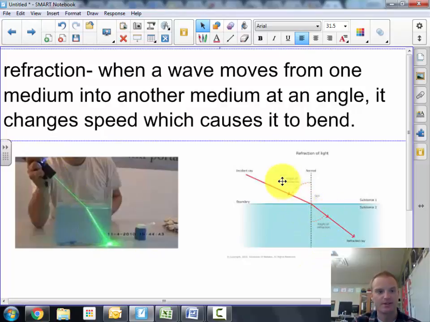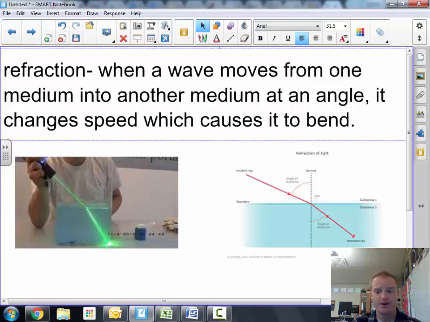That's refraction. Think about lenses, like glasses or contact lenses: you're bending the light as it goes into that medium. When it changes mediums, it speeds up or slows down, and that's what causes it to bend.